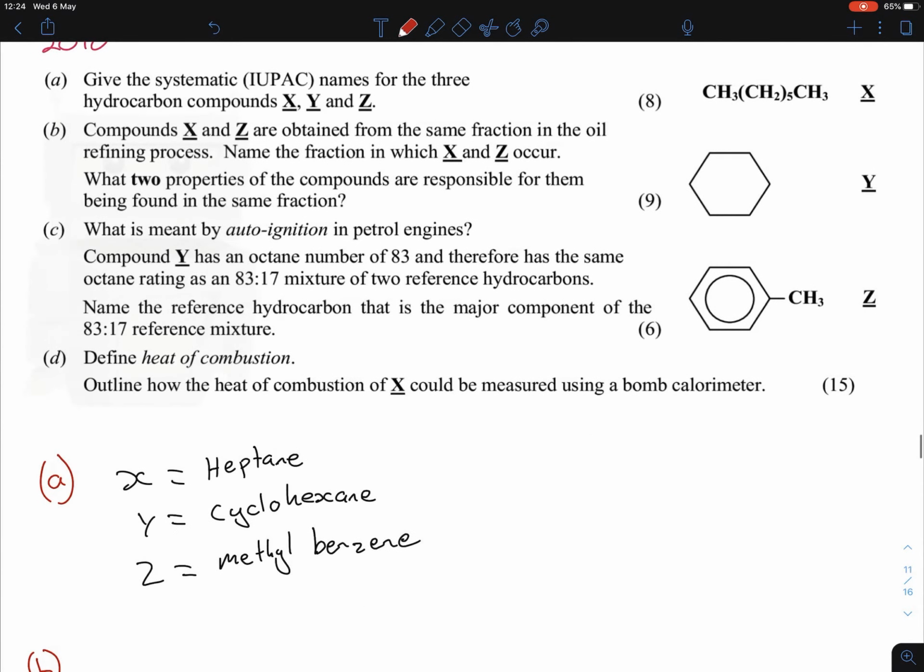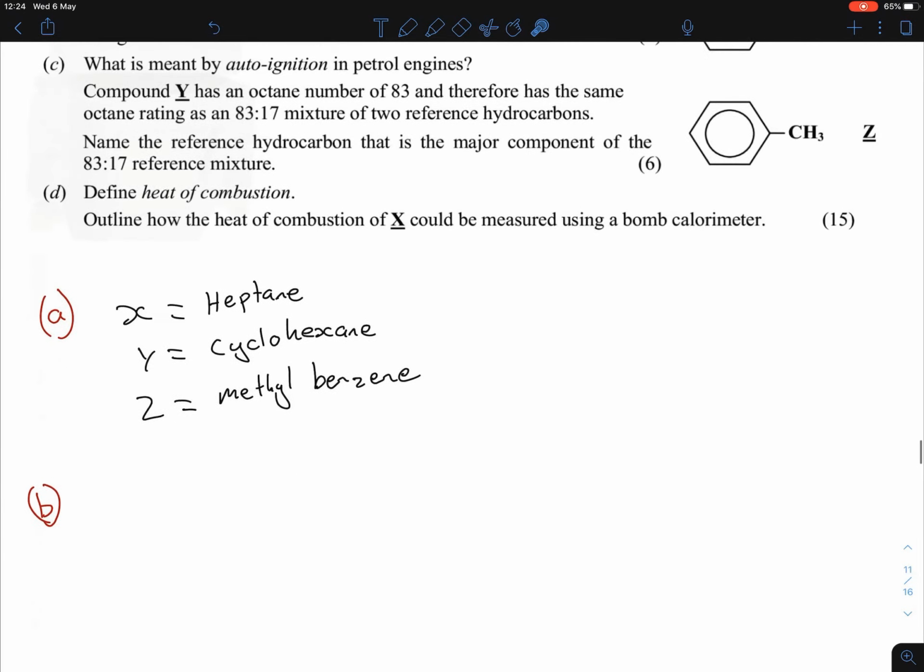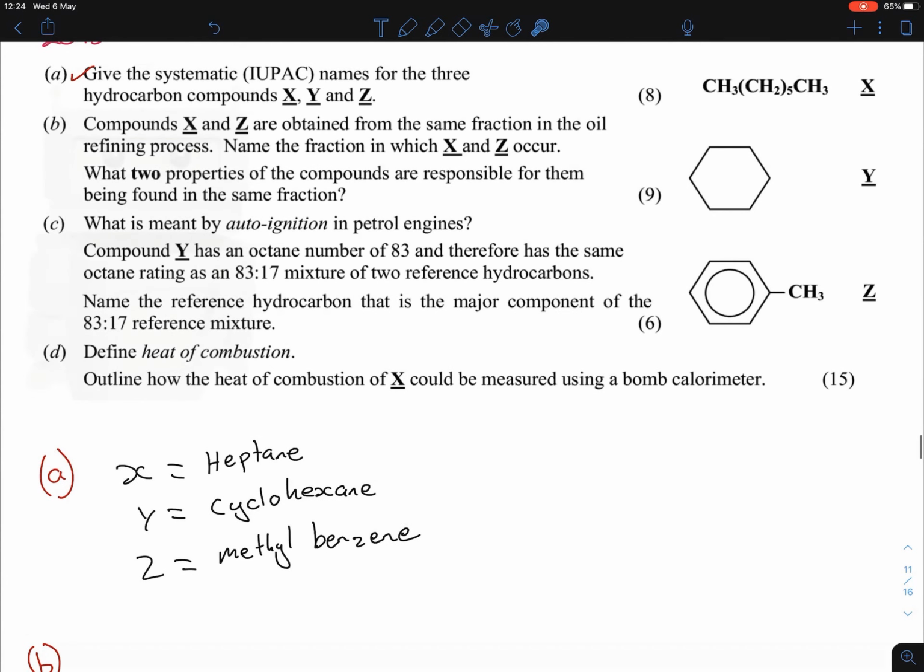So, B, compounds X and Z are obtained from the same fraction of oil in the refinery process. Name the fraction in which X and Z occur. So this is X and this is Z here. Z can be tricky enough to figure out. But for X, you should have an idea that heptane is in the naphtha or petrol line-up of fractional distillation.